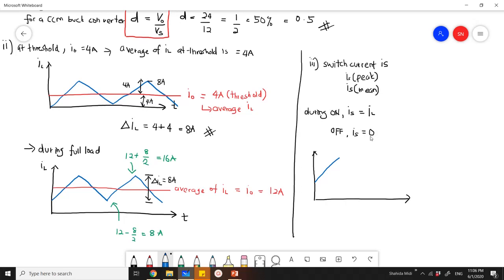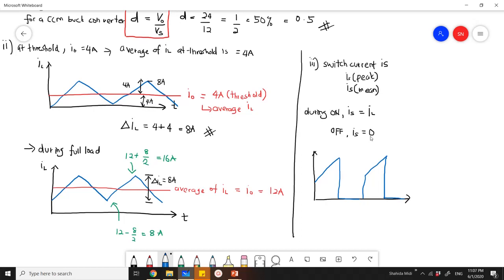So from there, during the off cycle, we'll have it as 0. And then when you turn it on again, you will have it the same as IL. And then we return to 0 again when the switch is off.